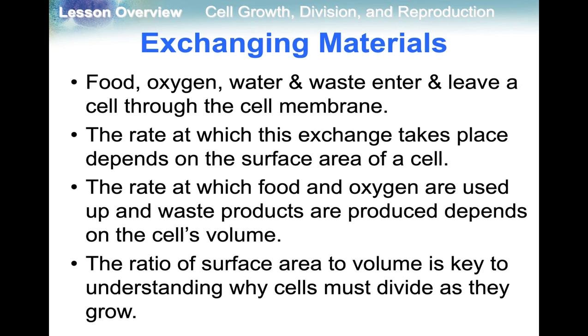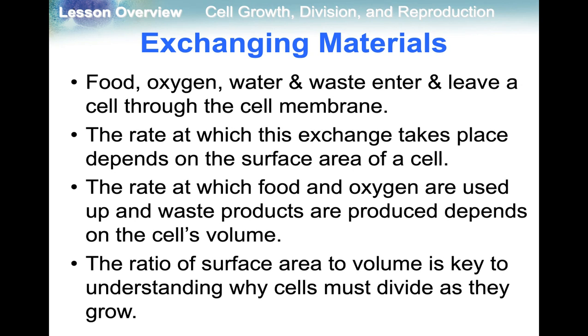Exchanging materials. When we talk about our cell, we have food, oxygen, water, and waste that have to enter and leave the cell through that cell membrane. Remember, that was our barrier that controls what goes in and out of the cell. Now, the rate at which this occurs depends on the surface area of the cell.